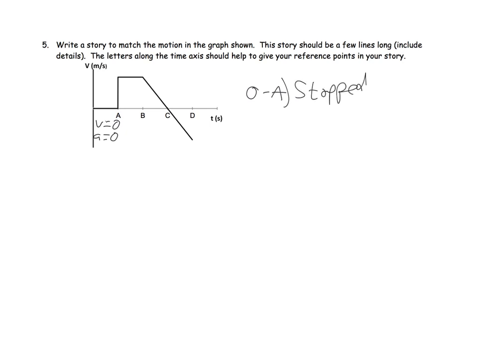Then we jump up here and we have a positive velocity and 0 acceleration, meaning constant. So from A to B, that is showing a constant positive velocity. This next segment here, from B to C, we still have a positive velocity.